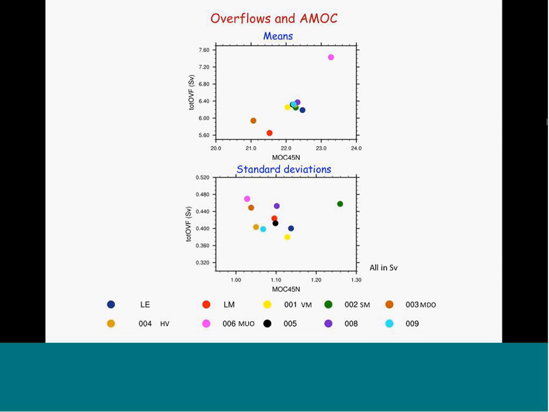Perhaps the larger overflow transport seems to impact the mean transport of AMOC. But more importantly for variability, in our simulations, we are not seeing essentially any leading role for the overflows. If you look at the AMOC standard deviations, there is no direct link between the higher variability of the overflows and the higher variability of the overturning circulation.